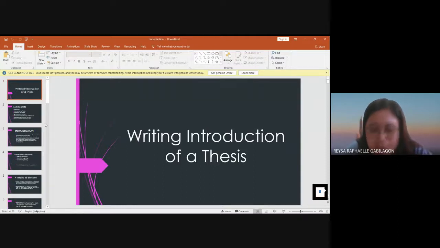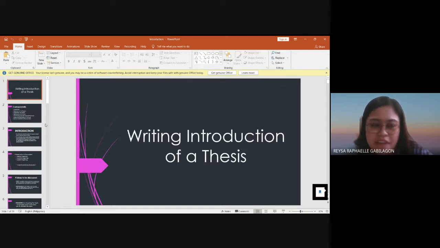So, syempre, if ngayon nag-iisip kayo ng ano bang topic ang gusto kong gawin, one factor that you need to consider is that the problem itself is existing in the locality or even in our country as a whole, but take note, no solution is existing pa.